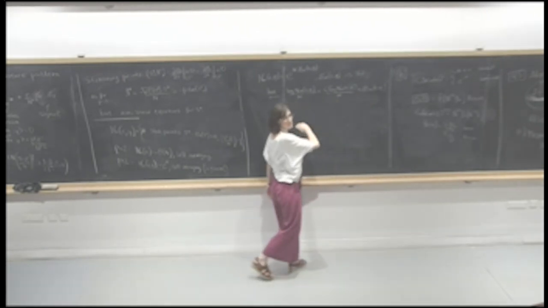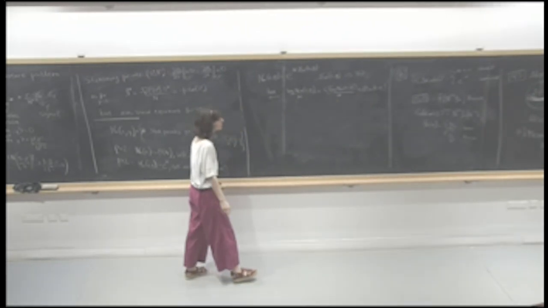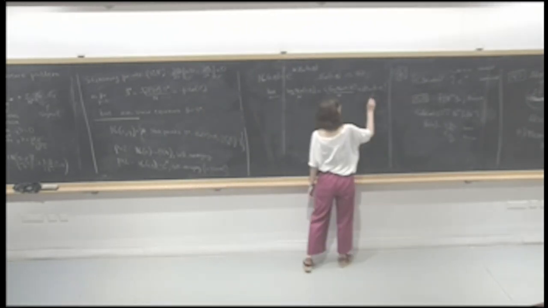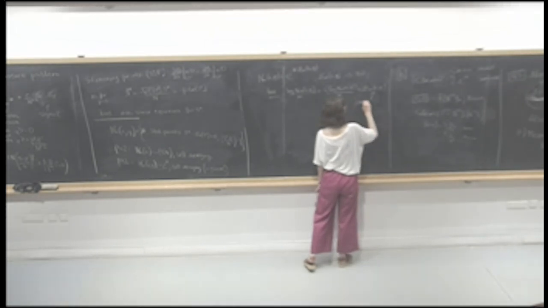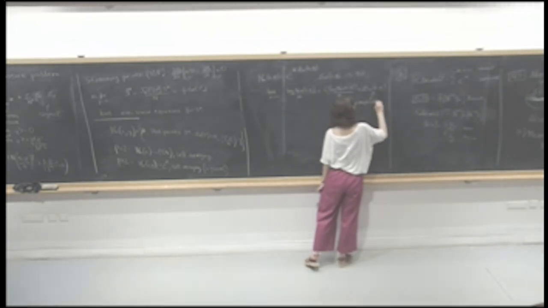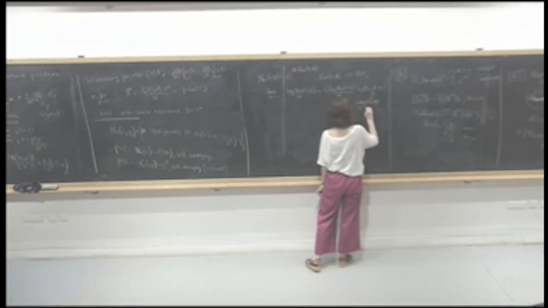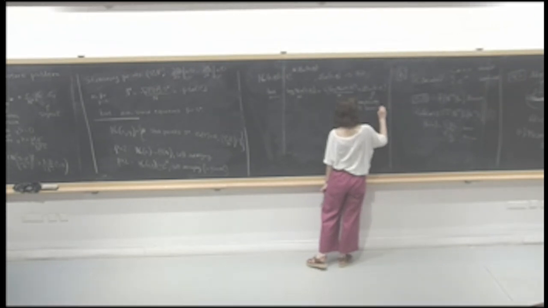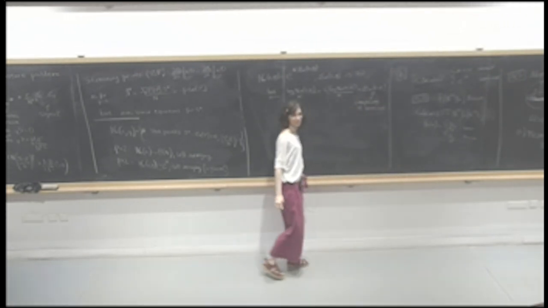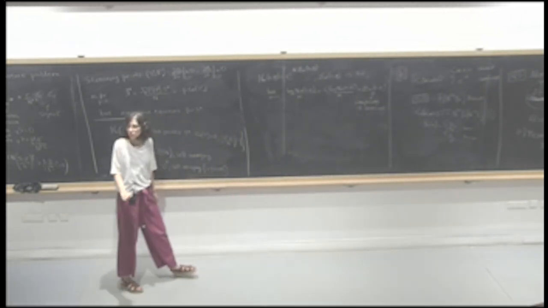And then I will drop this infinity in the following. And this is what I call the complexity of the landscape. It's a definition.